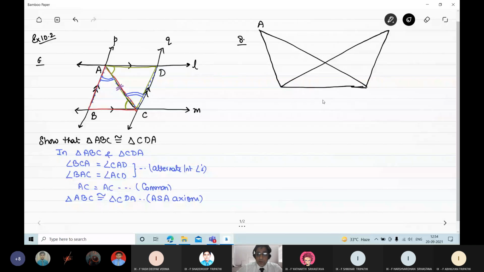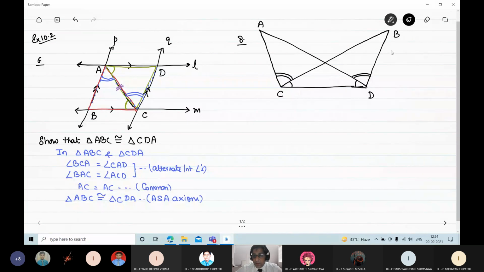This is the question, children. It's A, B, C, D. These two are given equal, and these two angles are marked equal. The question says in the joining figure, angle BCD is equal to angle ADC and angle BCA is equal to angle ADB.